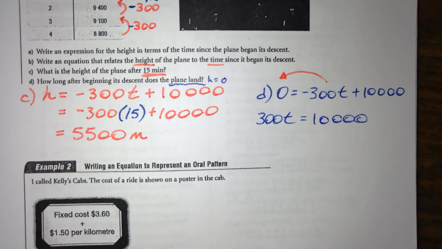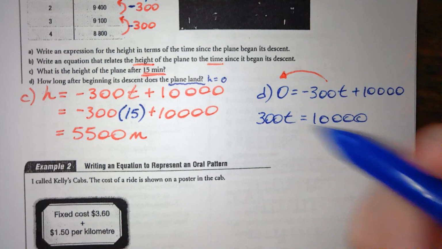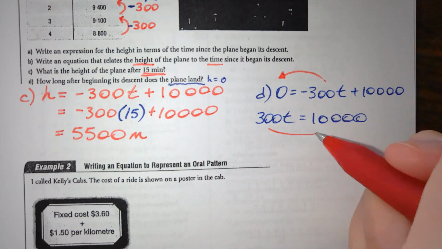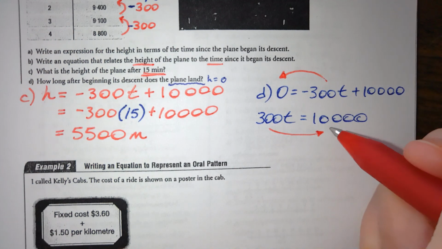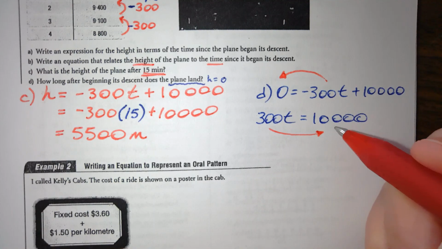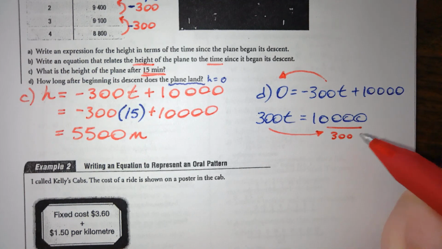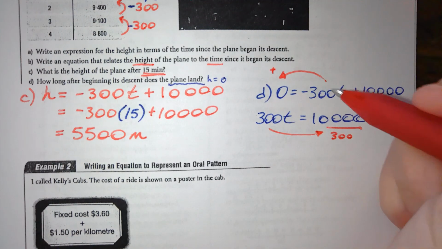Okay, and then Zachary, what do I do with this 300 now? Add, subtract, multiply, divide. Divide, that's right. So when I move this over, I add.